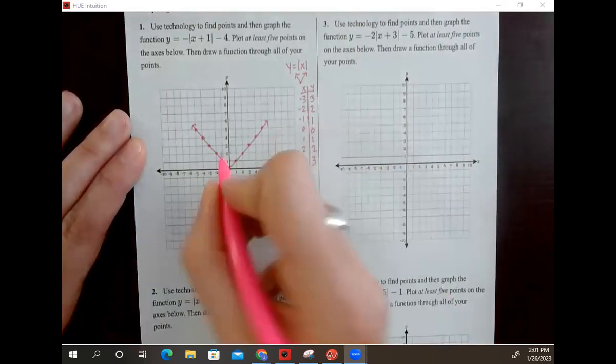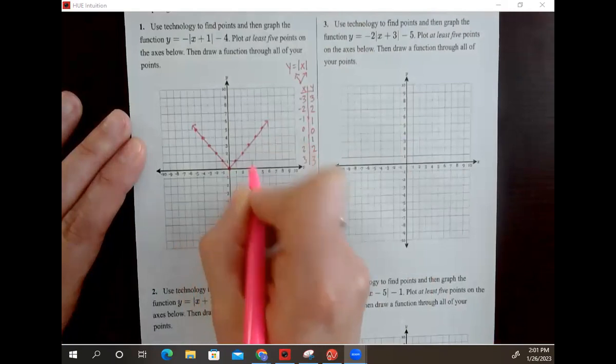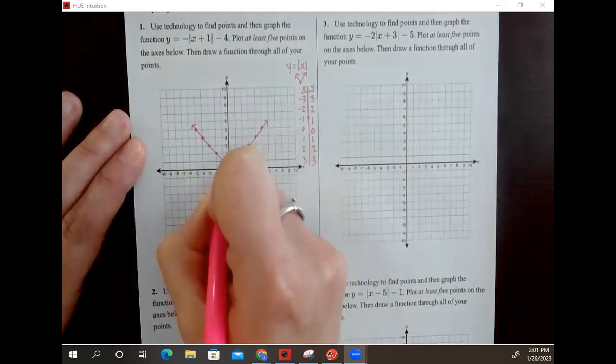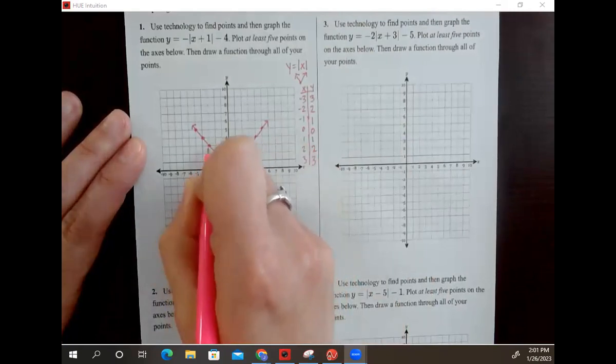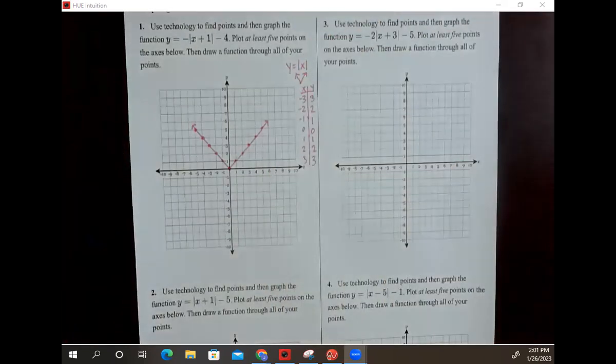And that's where these points are coming from: (0, 0), (1, 1), (2, 2), (3, 3), (-1, 1), (-2, 2), (-3, 3), and so on. So this is our parent function, our parent absolute value function.